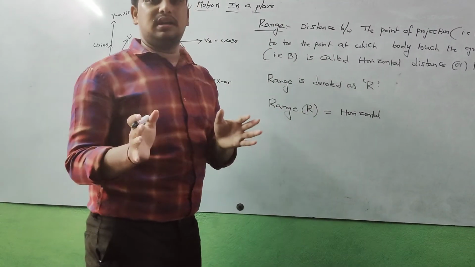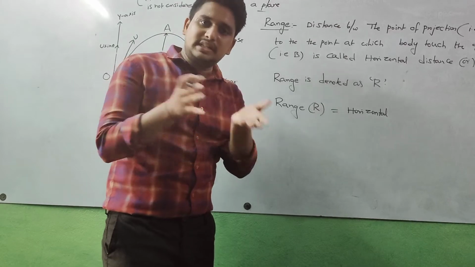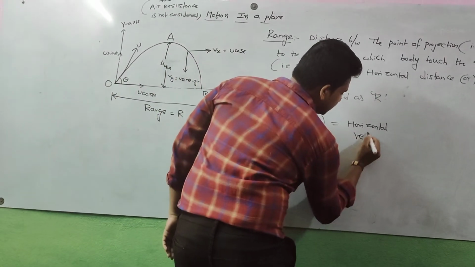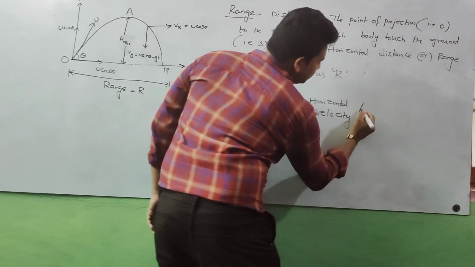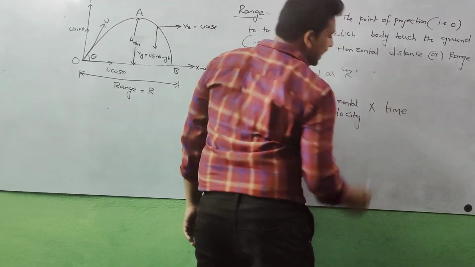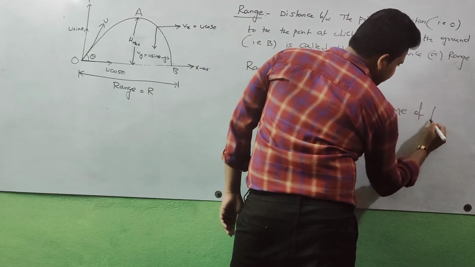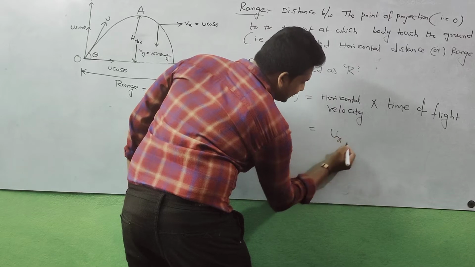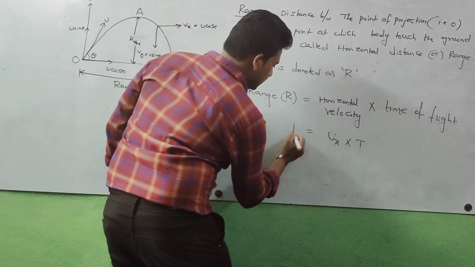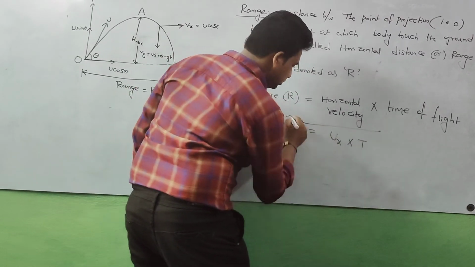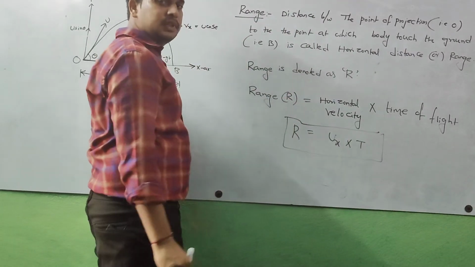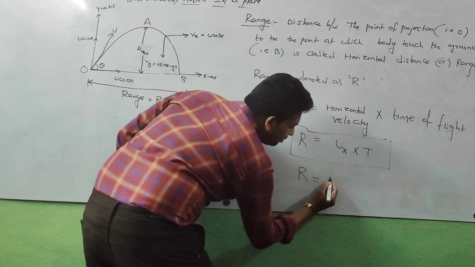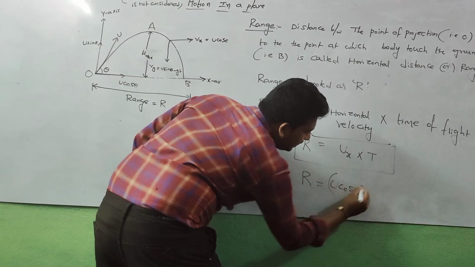Generally distance means velocity into time, so horizontal distance means horizontal velocity into time, where time means time of flight T. That means range R is equal to ux into time of flight T, where ux is u cos theta.